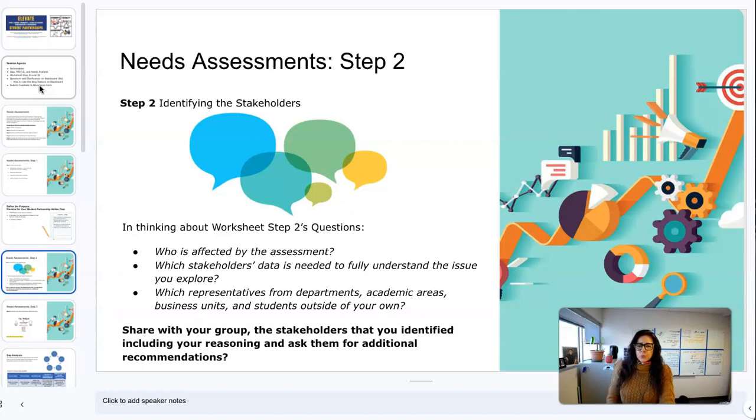In step 2, we looked at who's affected by the assessment. So those are your stakeholders. This helps you identify where to look for data, helps you think about all the folks that are touched by the work that you're doing.